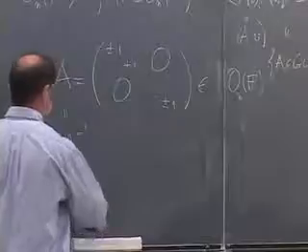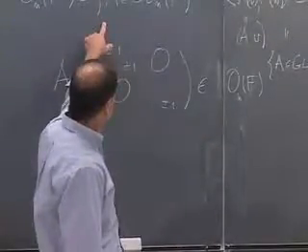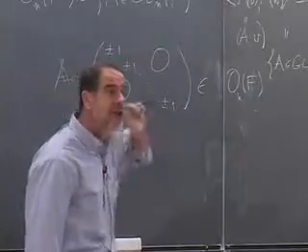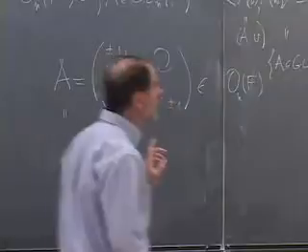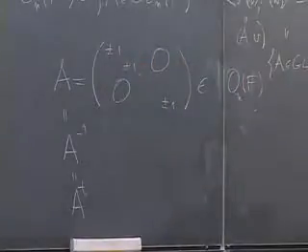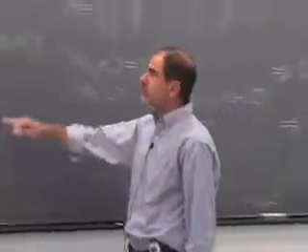Yeah? So is every matrix in GL_n(F) also in O_n(F)? No. Okay, this is just a necessary condition. It's not that every matrix with determinant 1 is in O_n, but any matrix in O_n has determinant plus or minus 1.